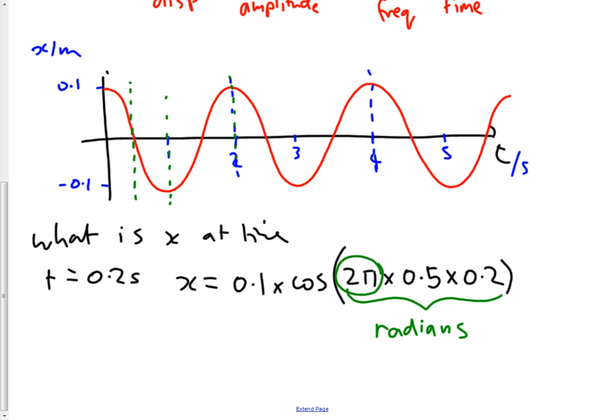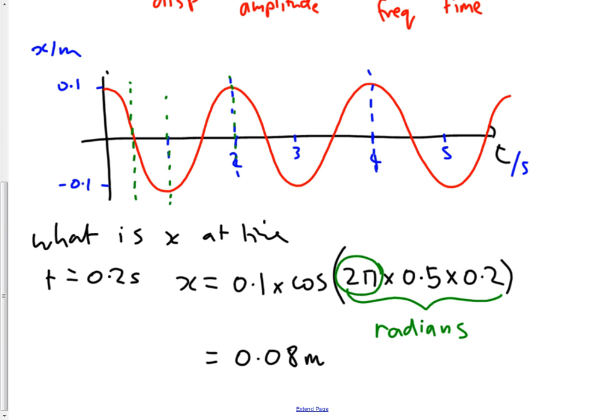Let's crack on. 0.1 times cos(2 times pi times 0.5 times 0.2) equals 0.08 meters. Rounded slightly, that's not the full answer.